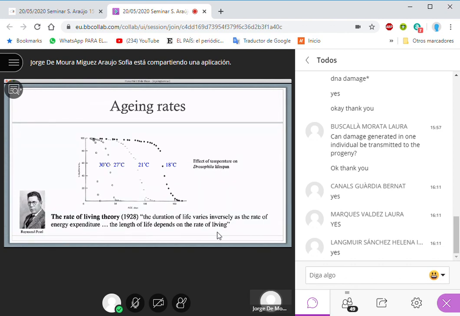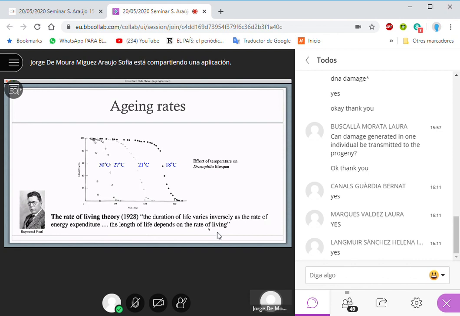The duration of life varies inversely as the rate of energy expenditure. The length of life depends on the rate of living, which is in fact a little bit a consequence of what was happening to Luigi Cornaro when he was living fast and having lots of partying, eating lots and drinking lots. When he started slowing down the energy expenditure, then he became living longer.